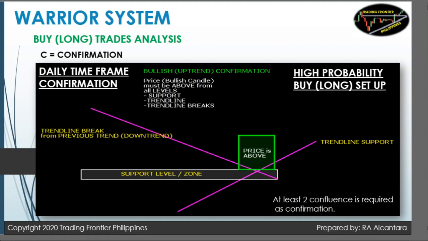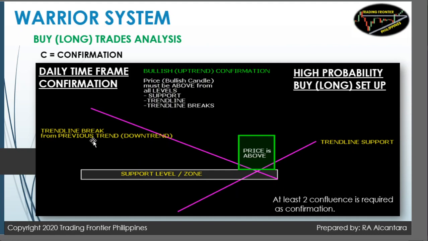As I've explained many times in my past videos, the TFP warrior system on a bullish setup, a high probability buy or long setup, says that the price must be above the significant level or zones: horizontal support level or zone, trendline support, and counter trendline break. It doesn't have to be all of these, at least two confluences, because there are times that the trendline support below is not visible, or we cannot draw a trend line yet.